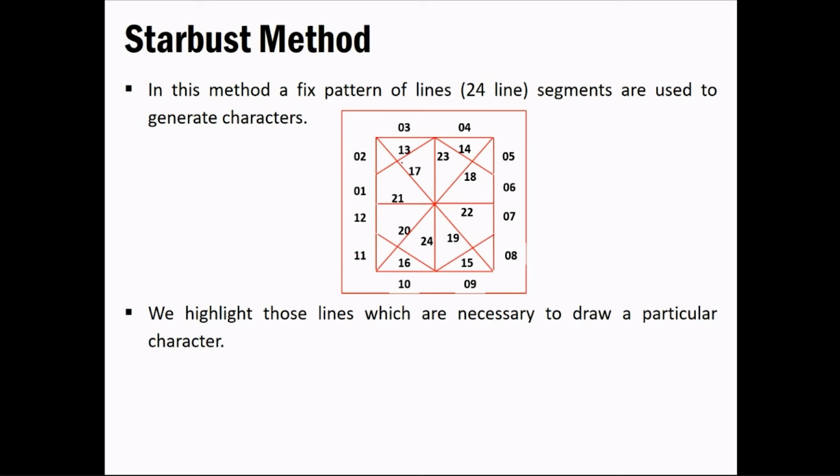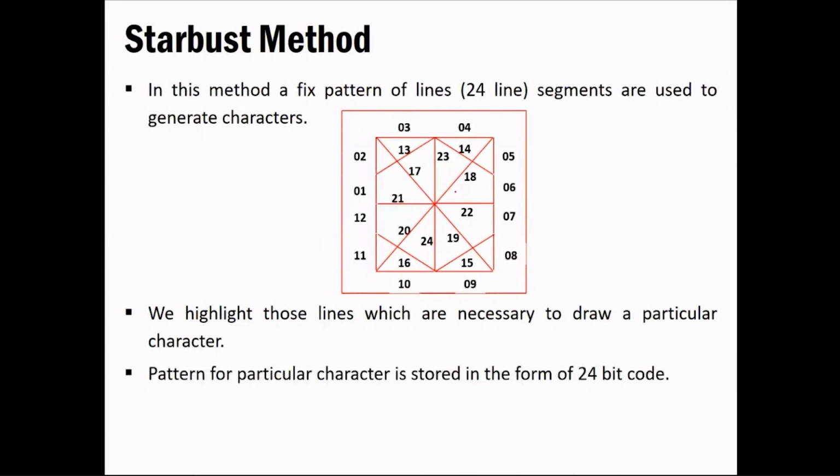If you want to draw A or V or something like that, then you need to illuminate those particular lines only. Suppose the lines required for V or A are 1 2 3 4 5 6, then we will illuminate those, and the remaining ones could be set to 0 value.